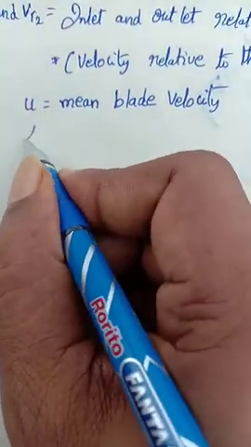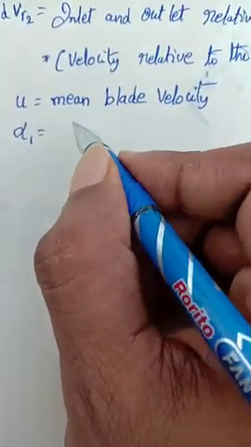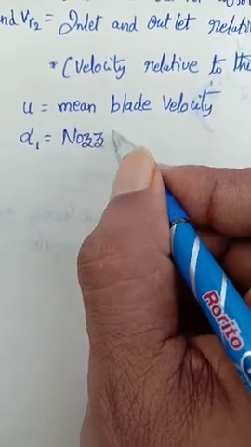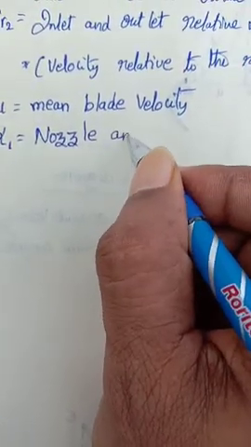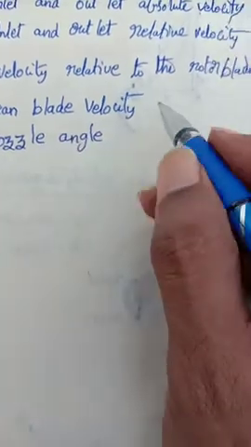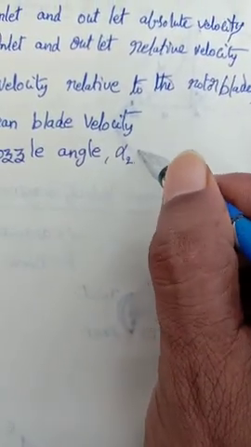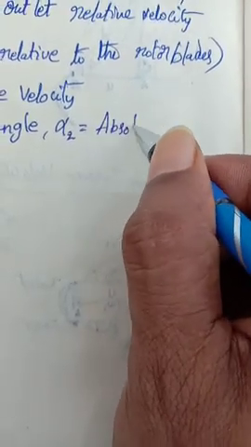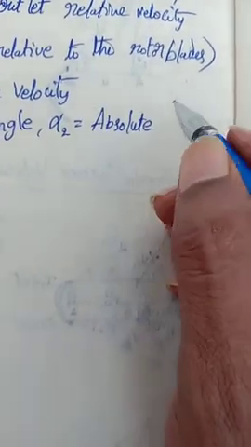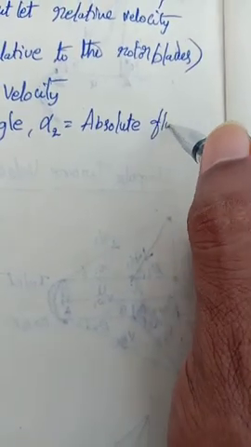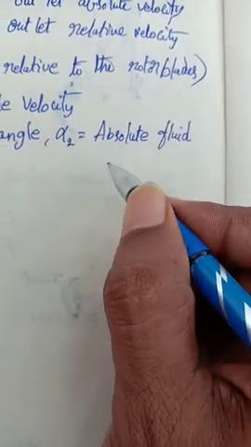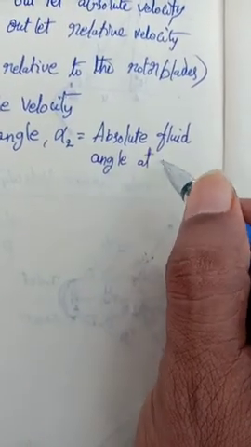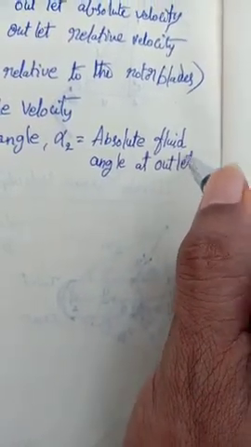And now we go for alpha 1, which is the nozzle angle, and then alpha 2 is the absolute fluid angle at outlet.